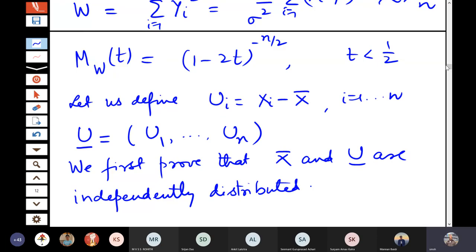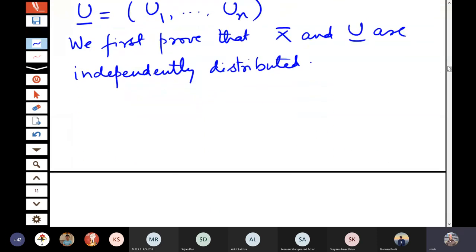For independence, we can either consider the joint PDF and show it as the product of the marginal PDFs, or we can also use the moment generating function. In fact, in this case, the moment generating function will be easier to handle, as I will show you now.